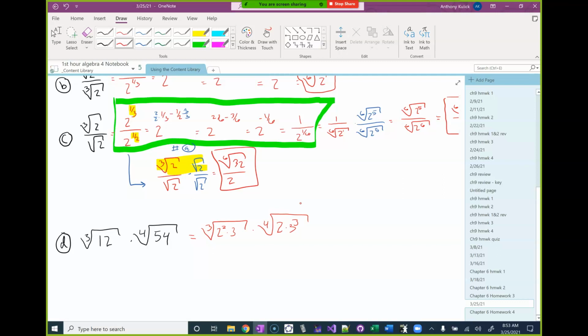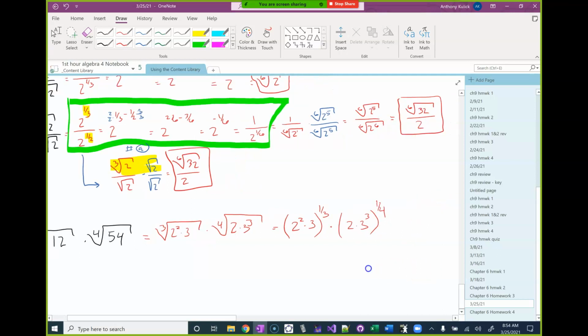So next thing I'm going to do is convert these radicals into exponents. Everybody good with that? So now I have an exponent of a product.